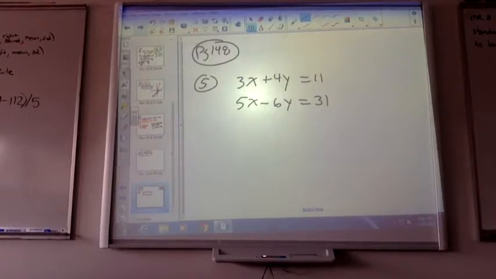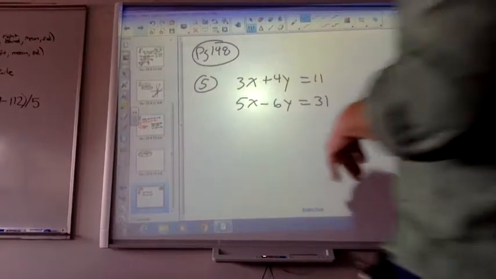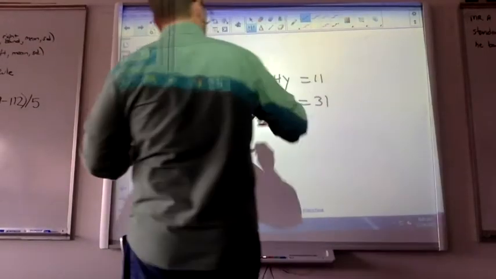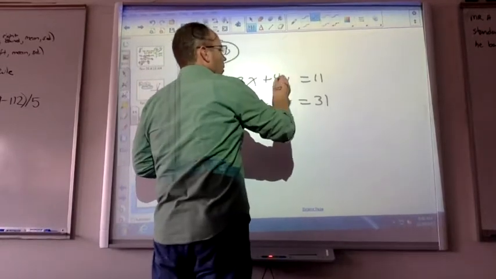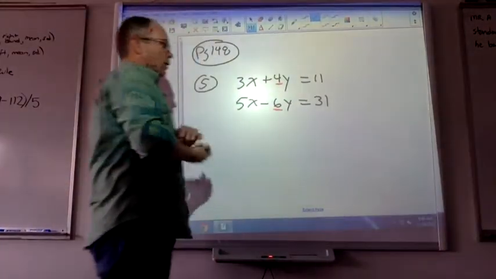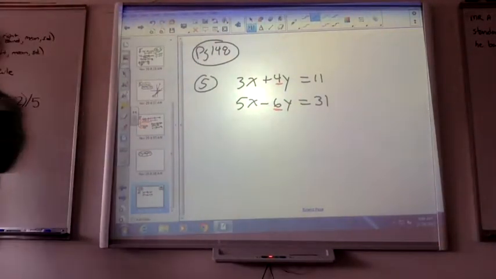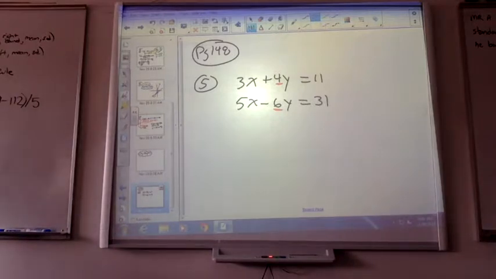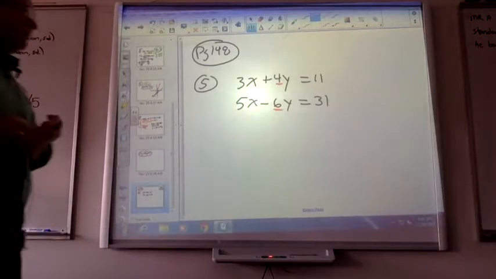Yes, the y values: one's positive, one's negative, right? So sometimes that might be a good place to start. It doesn't always happen that way, but it might be a good rule of thumb. So I want to get those to be opposite values. What's the smallest number that both 4 and 6 go into? 12. 12 is right.